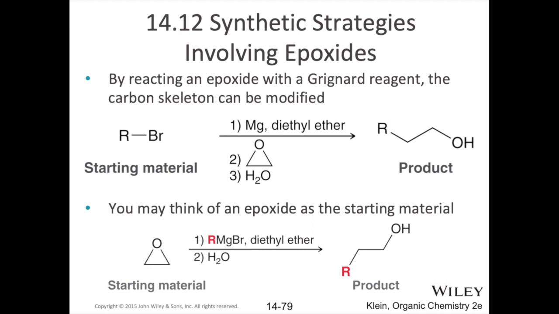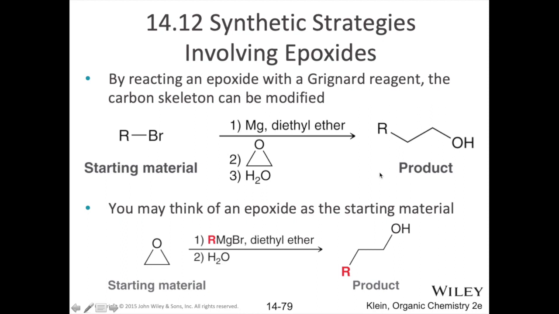You're extending the carbon skeleton of your Grignard by 2 carbons. So instead of thinking of your Grignard as what's extending the carbon skeleton of these 2 carbons as your parent chain, we could also think of it backwards. We could think of the epoxide as the starting material, and the Grignard is what's attacking that and extending that carbon skeleton, or vice versa.